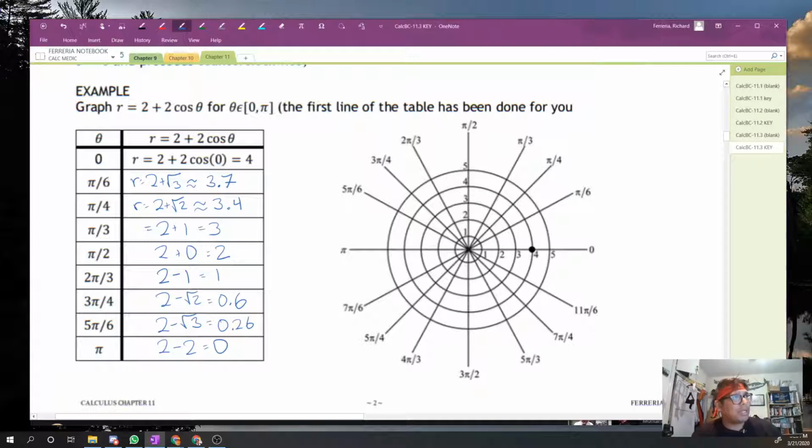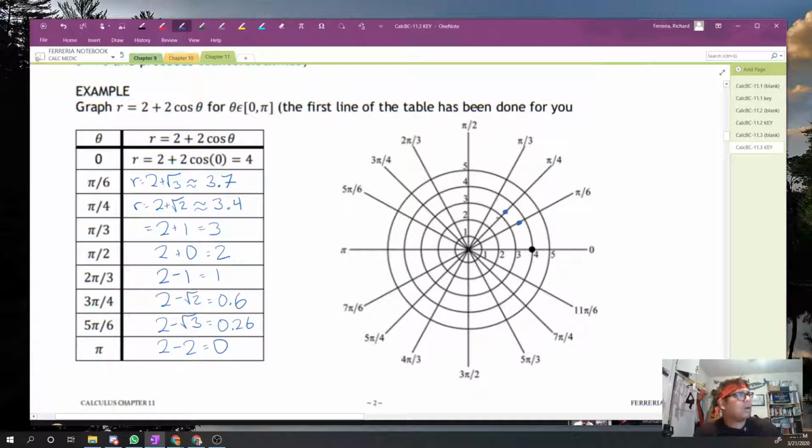So here's a radius of 3 going up this ray. 0.7 should be maybe right about there. So let's make a nice fat point there. Okay, 3.7. The next one is pi over 4 and 3.4, so that's just less than the halfway mark.